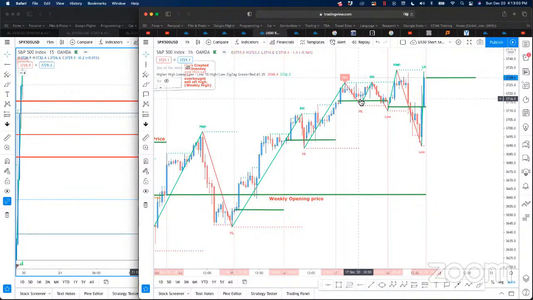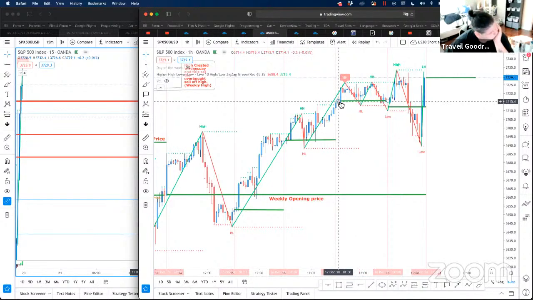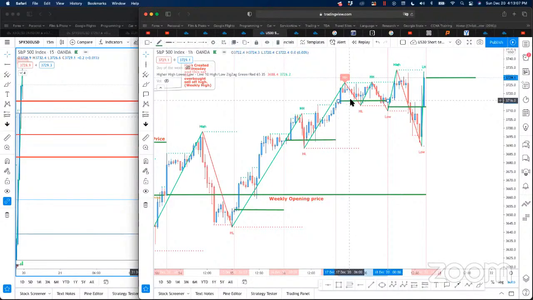This day was a little choppy. The opening price was actually down here. It pushed up immediately on the opening, rejects the opening price. This was the 17th right here. This was London.